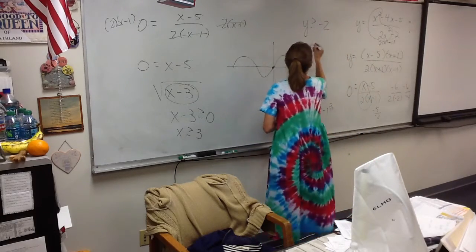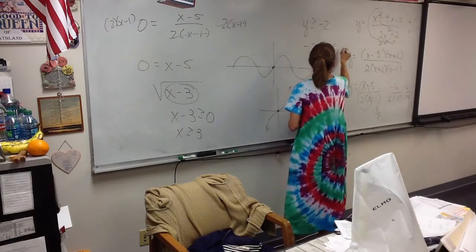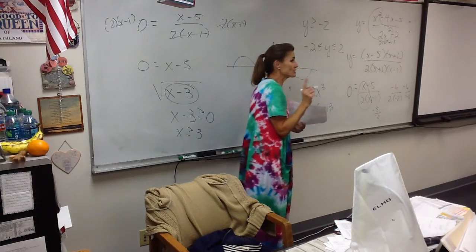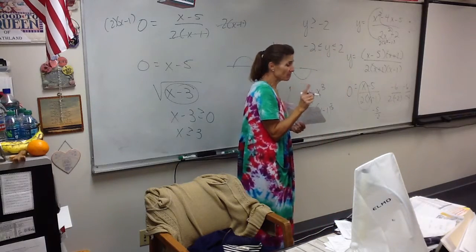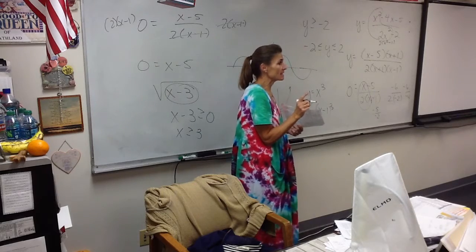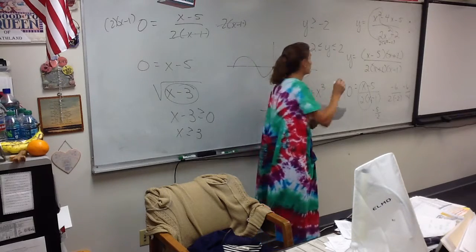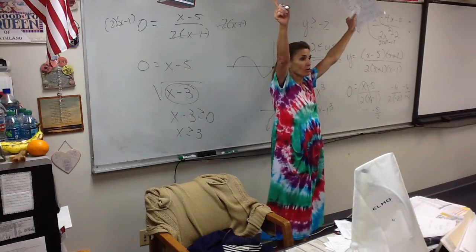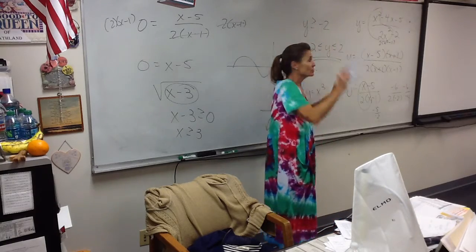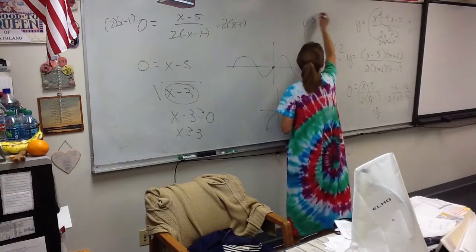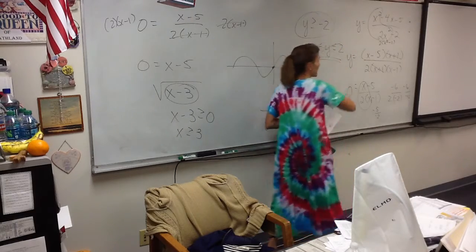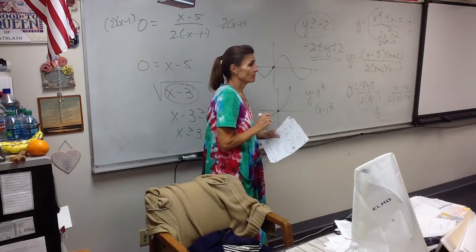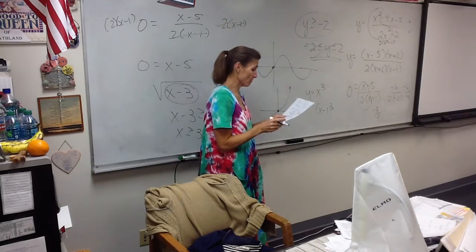Now, a few people said something else, and I understand that. It's a careless kind of mistake. What do you have to pay attention to? Why is this not the answer? Because there are arrows in the picture, right? So there's no ceiling on this. It just has to be bigger than -2. The arrows tell us it goes up forever and ever.